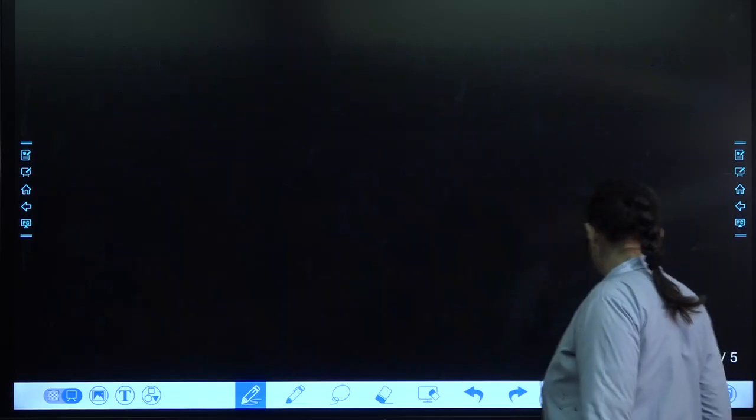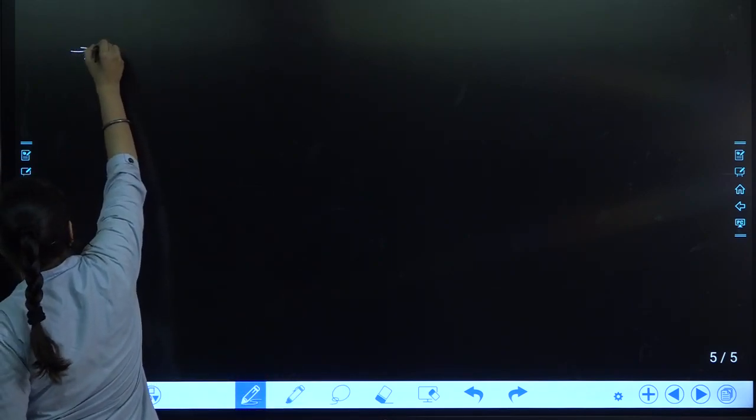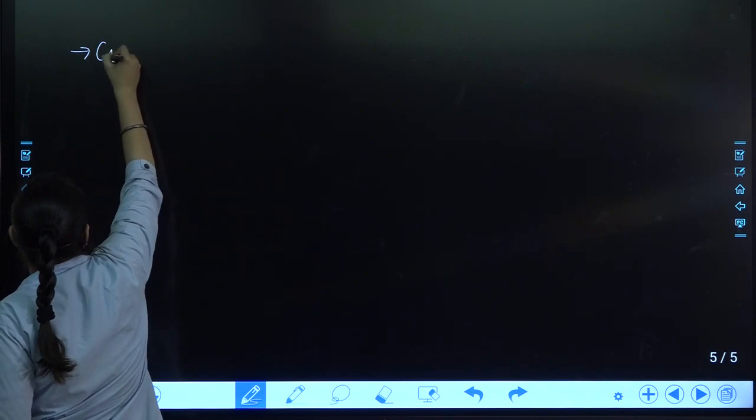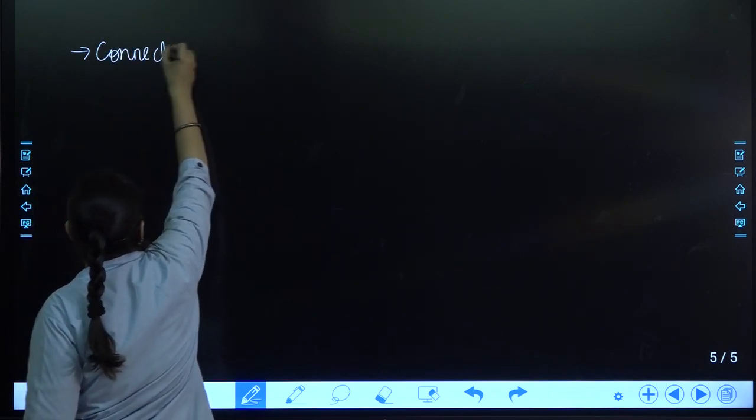Now what happens? Connect it with the battery and allow the current to flow. Now the process will actually start. This was just the setup.